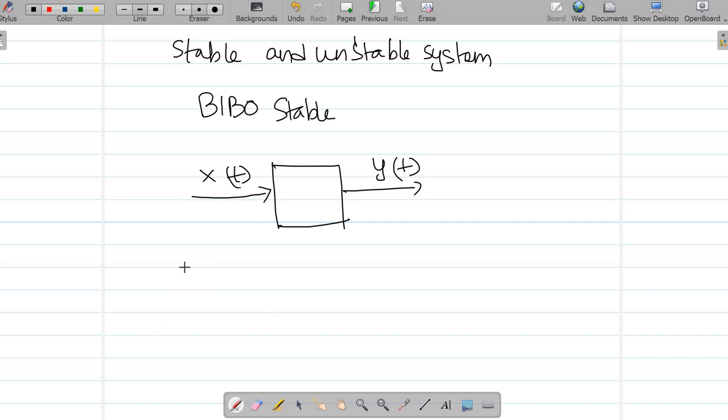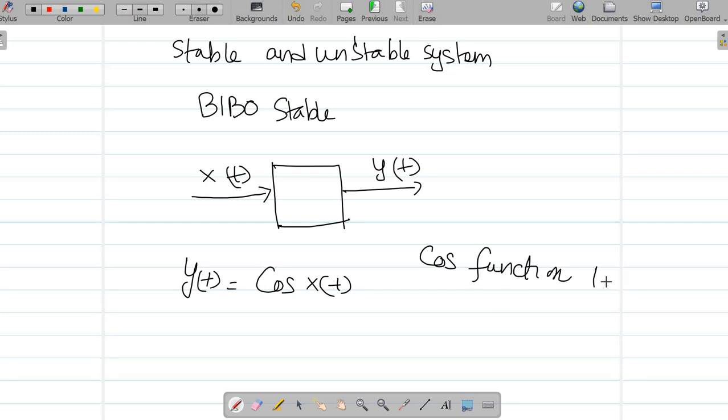So to give an example, let us say we are having y of t equal to cos x of t. We know that a cos function varies between 1 and minus 1.